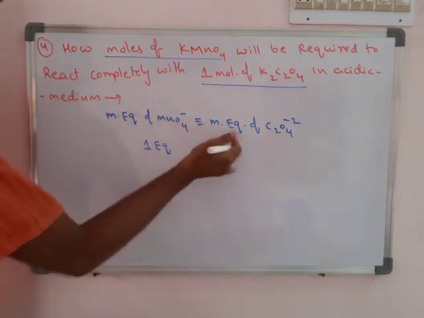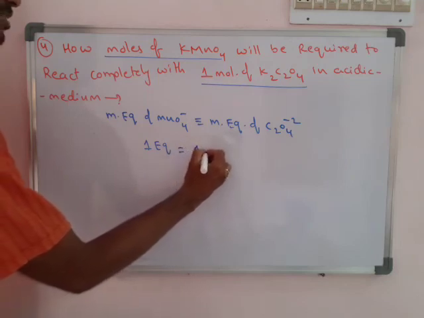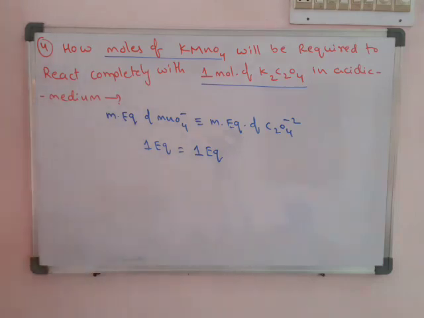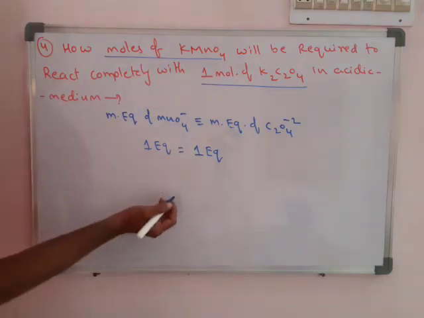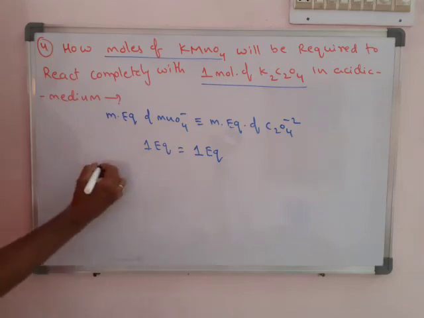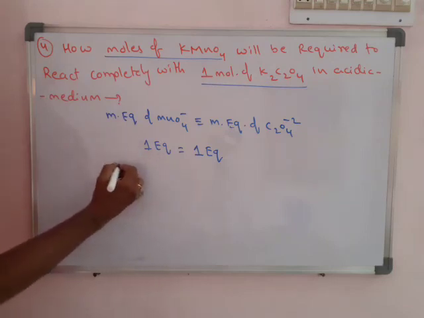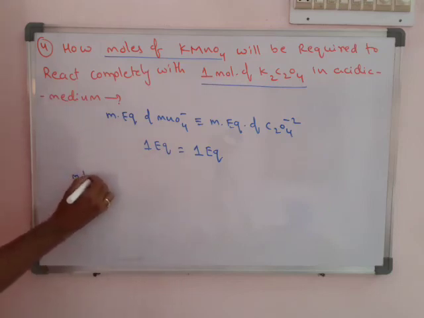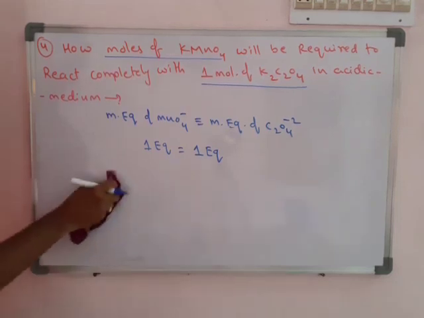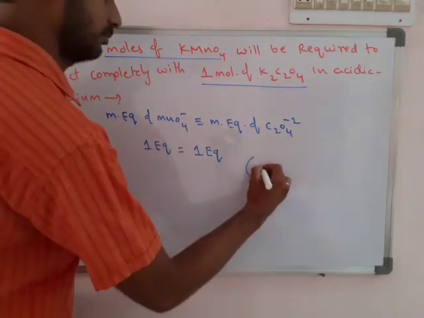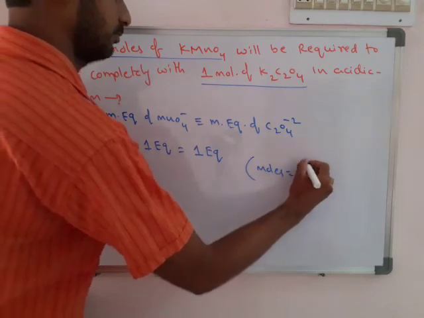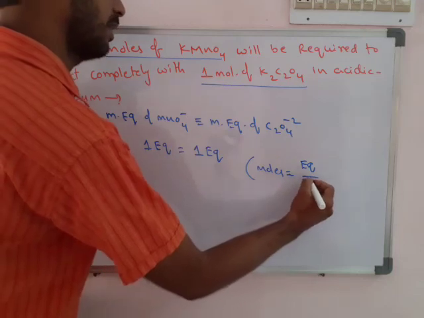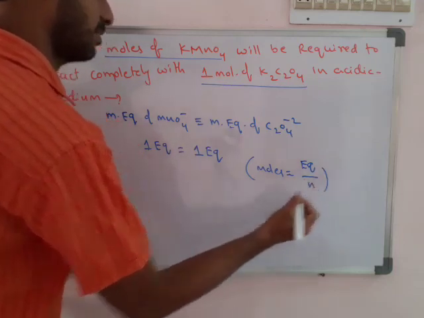So milli equivalents are equal, and automatically equivalents are also equal. Now when 1 equivalent is compared in moles, moles equals equivalents by n factor.